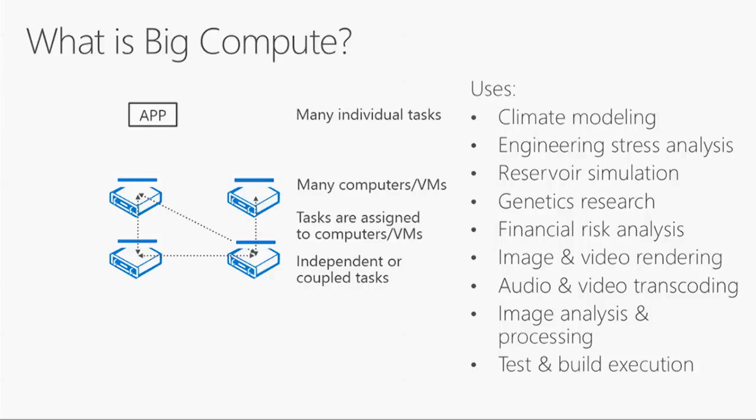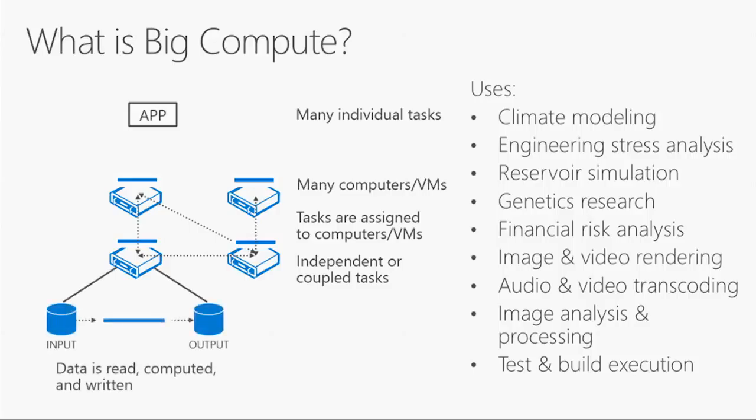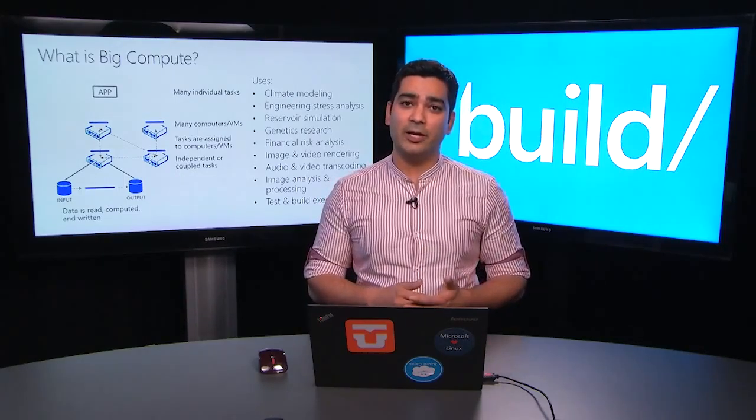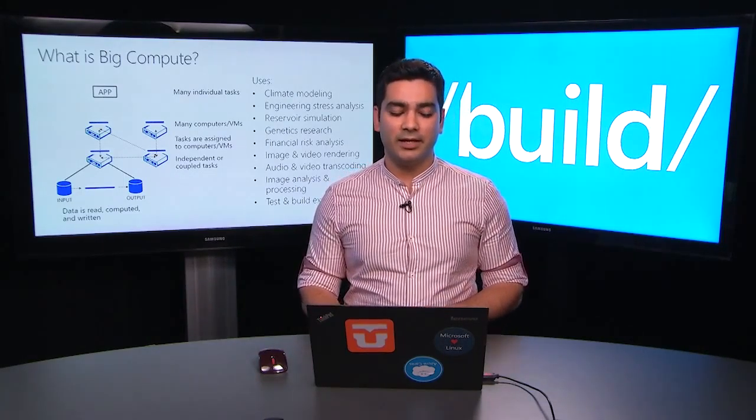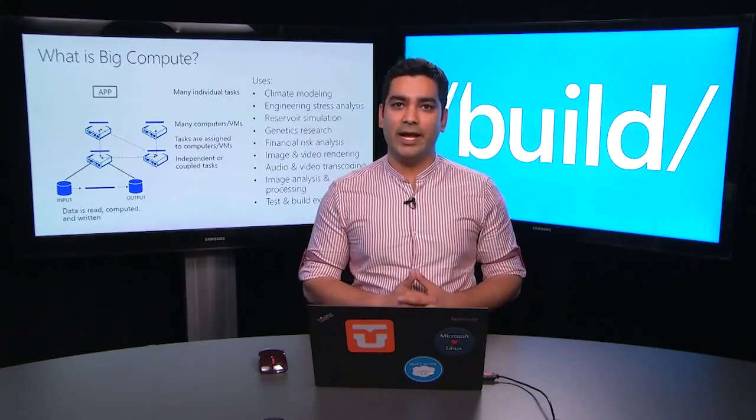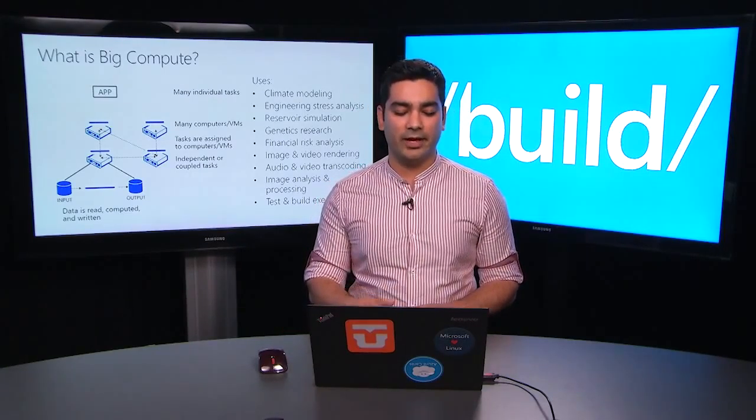So we're talking about modeling, analysis, stress analysis, reservoir simulation, which I mentioned earlier, and transcoding on a very large scale, whether video or audio. Another very popular use case here is rendering. If you're rendering high quality images or 3D animation, you might want to render a single frame on a single VM, and you might want to scale out to thousands of cores. The GPU SKU and the HPC SKU will help you do that.